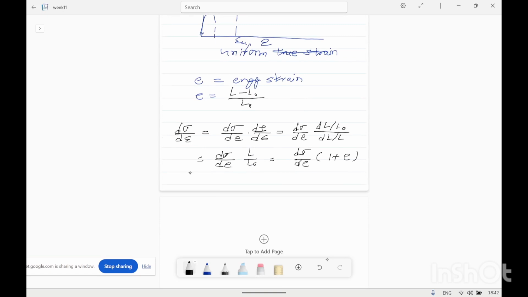So the slope d sigma by d epsilon, this is the slope of the stress strain curve, can be written as sigma by 1 plus e.